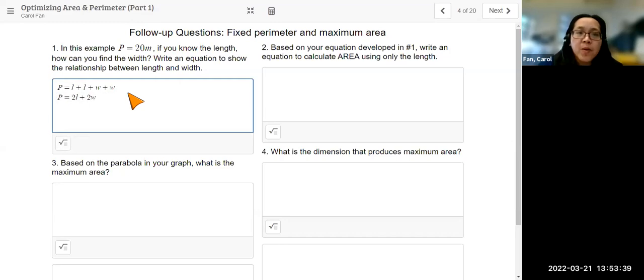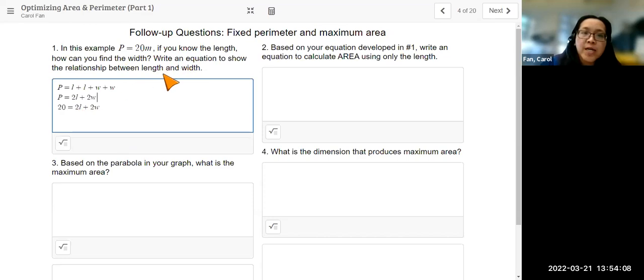Now, I'm going to substitute in here 20 because I know that the perimeter was fixed at 20 meters. So let's say we know what the length is, how can I find the width? I would just substitute my length in here and I would rearrange the equation to solve for width.